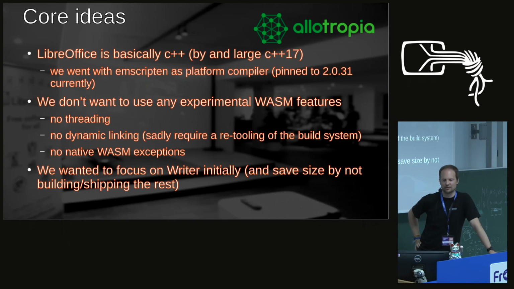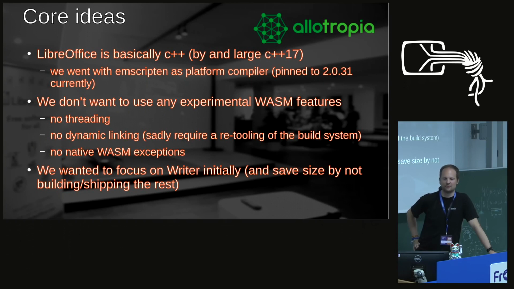Those choices cause quite some problems, but I think the cure would have been worse than the disease, because that would have meant fixing emscripten or working on the platform, and we were not really up to doing that.